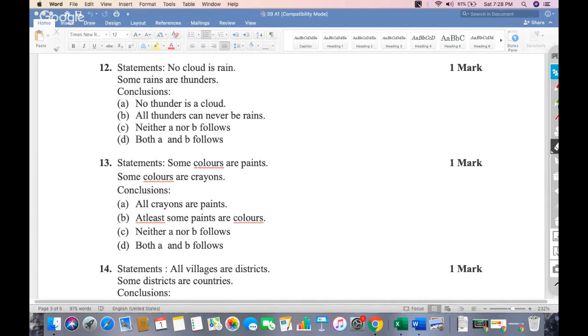And let me go to question number 13. Some colors are paints. Color, paint. And some colors are crayons. So I'm writing colors. So some colors are crayons. Crayons can be something like this.